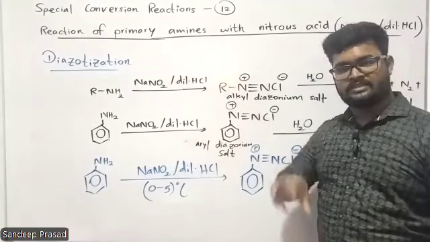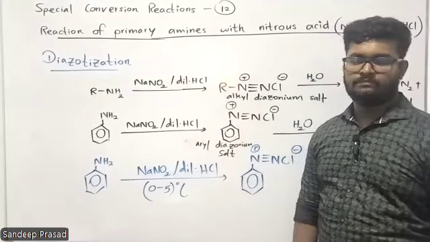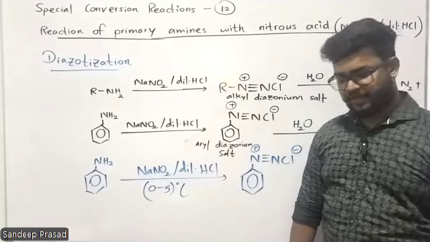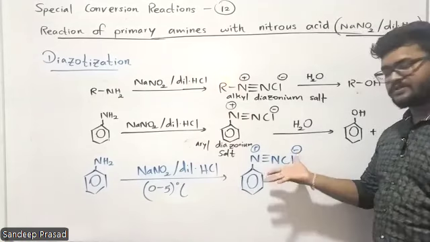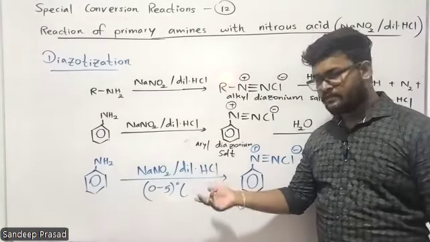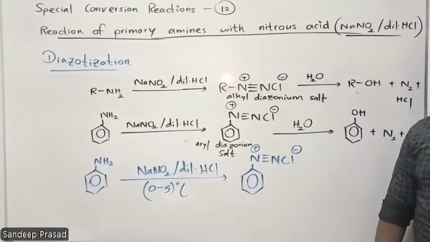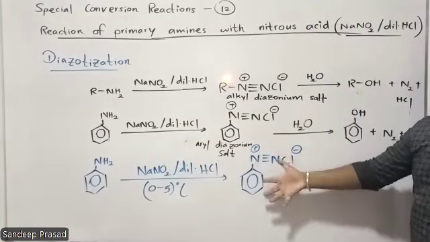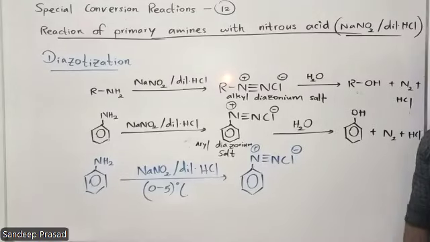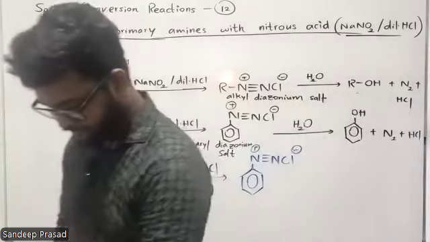But we can stop that reaction at the aldehyde stage by addition of PCC, pyridinium chlorochromate. So this is the same kind of thing. But here we are not adding anything else. We just maintain the temperature from 0 to 5 degrees Celsius, and that is enough to stop the reaction at the diazonium salt stage. So quickly, we are done with this one.